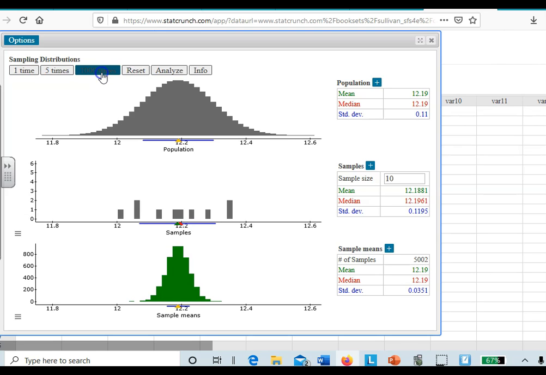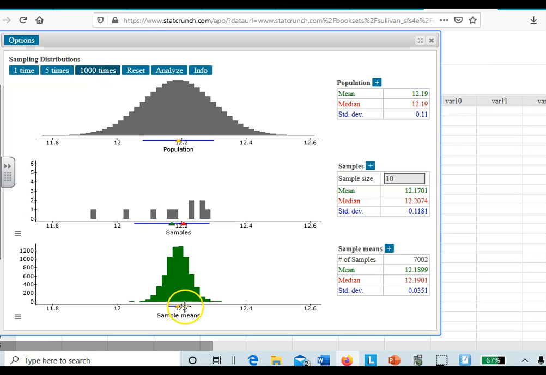And the more we do it, what you should notice is that that green curve down here is becoming more and more normal, right? So notice how now it's basically exactly normal at this point. We've taken about 8,000 samples, which is a lot, right? And notice what's happened to the mean. It's 12.19.